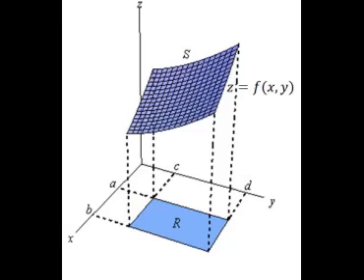Let us consider the graph of the surface S, whose equation is z equal to f of x comma y, defined at every point on the rectangular region R, bounded by a less than or equal to x less than or equal to b and c less than or equal to y less than or equal to d. We shall find the volume under the surface S over the region R.